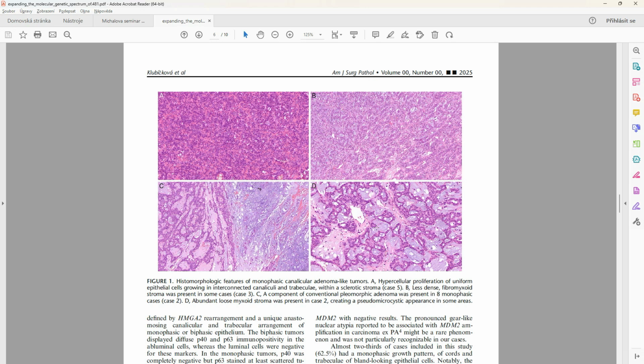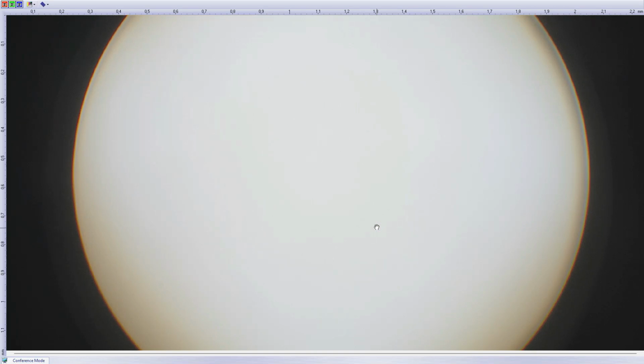So that's my first case, and then you can remove it. One more case, which is also a consult case, so quite straightforward.